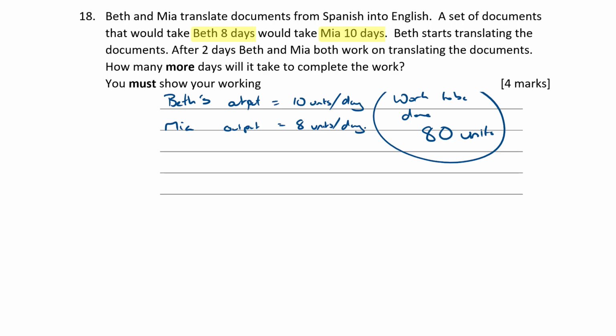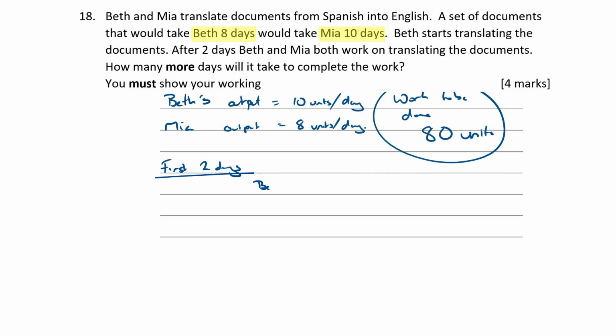So it says here that Beth starts to translate the document. After 2 days, Beth and Mia both work. So for the first 2 days, Beth is working on it on her own, isn't she? So Beth's output is going to be 2 lots of 10 units.